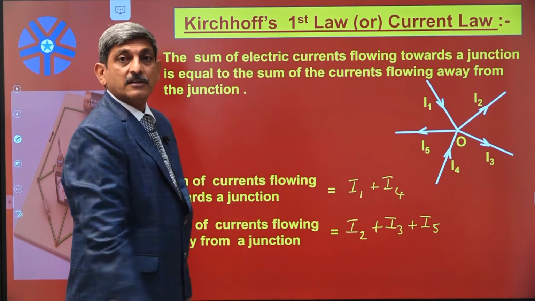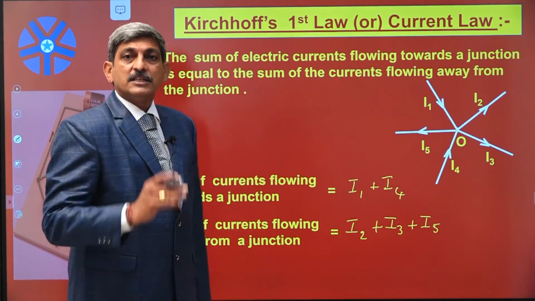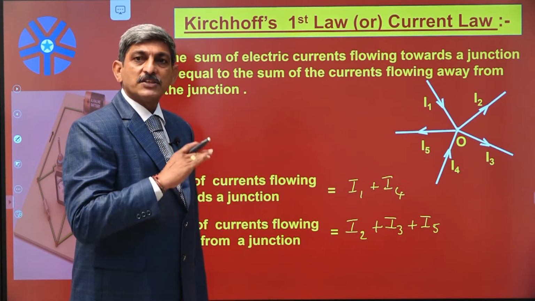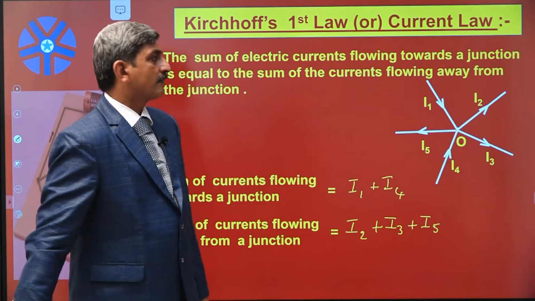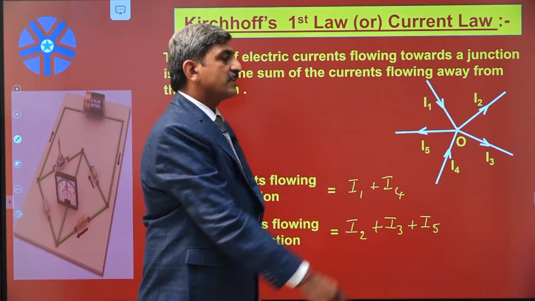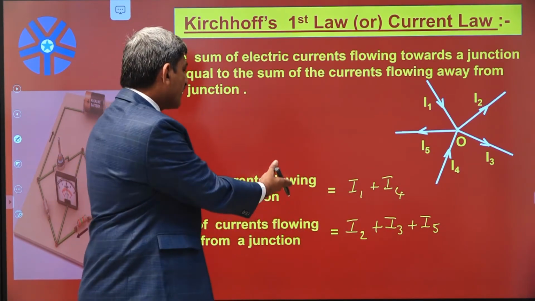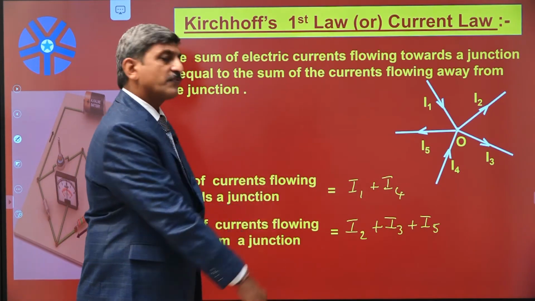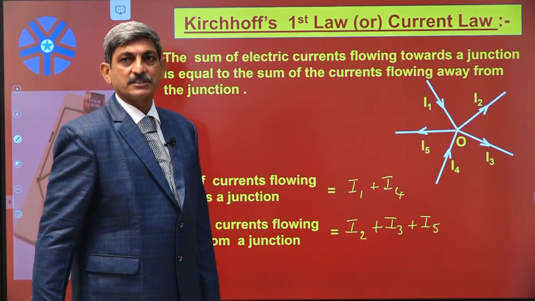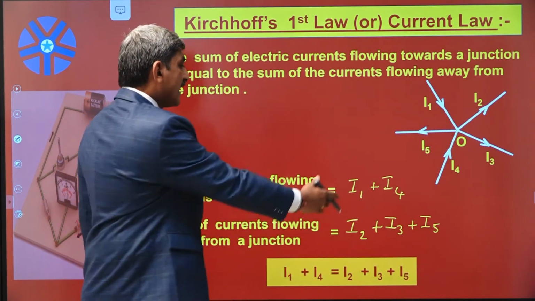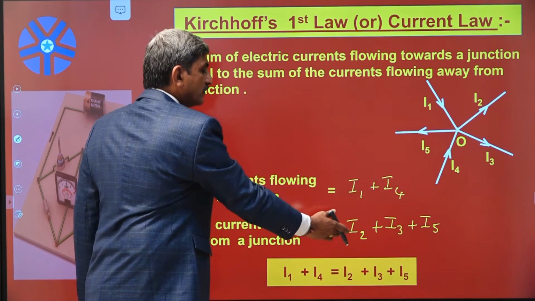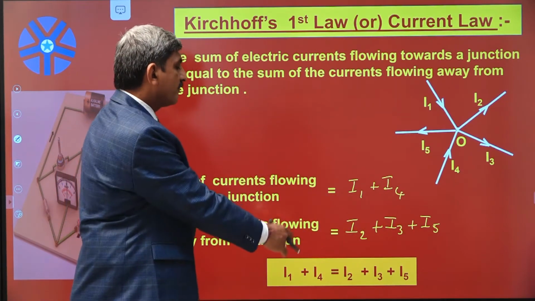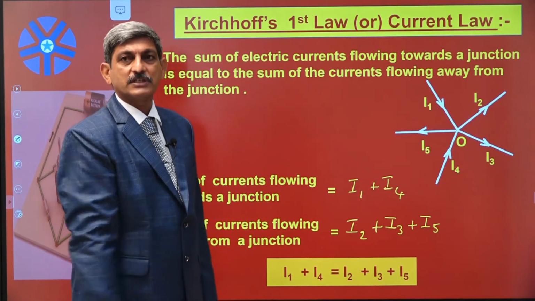Now here we calculate the sum of the currents flowing towards the junction and the currents flowing away from the junction. What does Kirchhoff's first law say? The sum of the currents flowing towards the junction is equal to the sum of the currents flowing away from the junction. So we can write I1 plus I4 is equal to I2 plus I3 plus I5. This is the mathematical form of Kirchhoff's law.